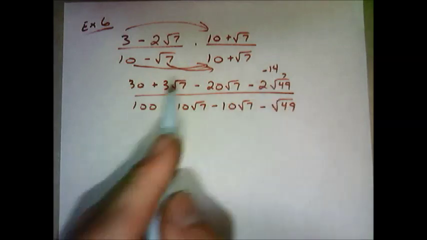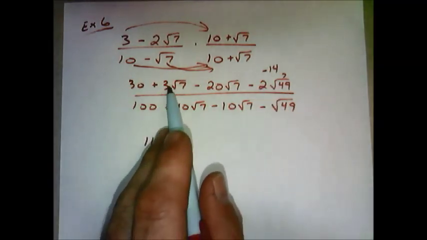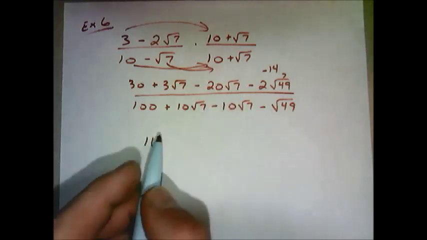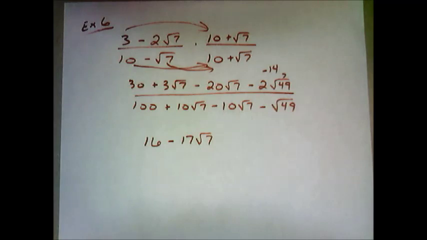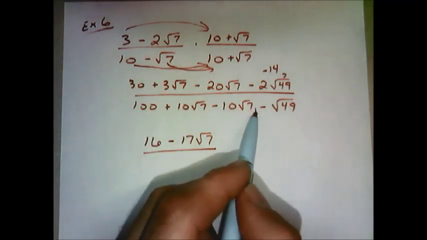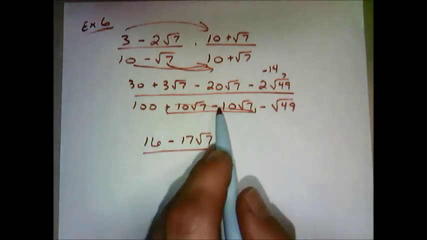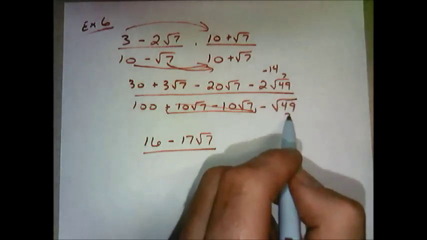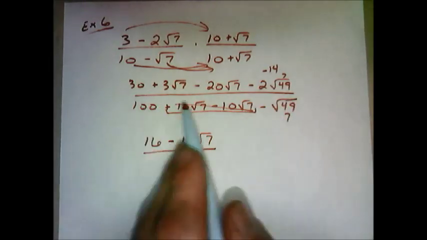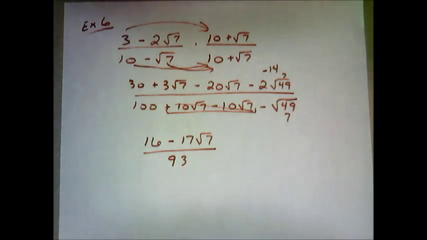So I have 30 minus 14 gives me 16. And 3 radical 7 minus 20 radical 7 is negative 17 radical 7. On the bottom, my middle terms are going to cancel. 10 radical 7 minus 10 radical 7 gives me 0. The square root of 49 is 7, so I have 100 minus 7, which is 93.